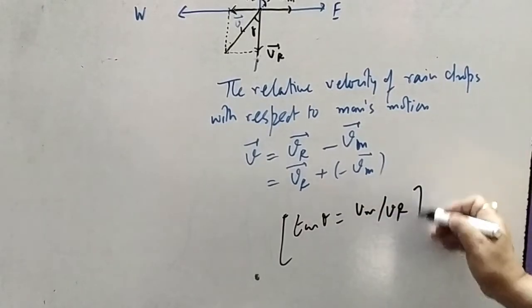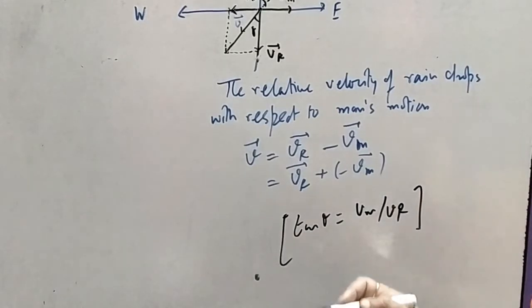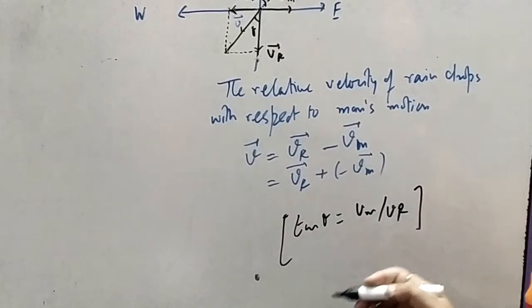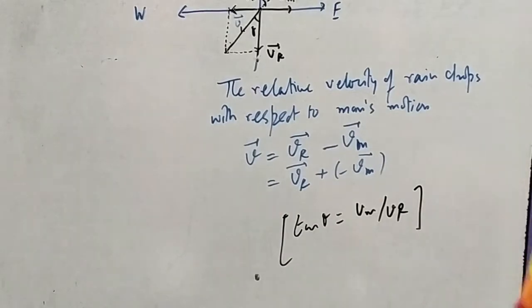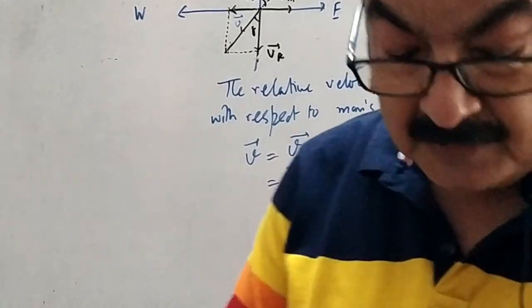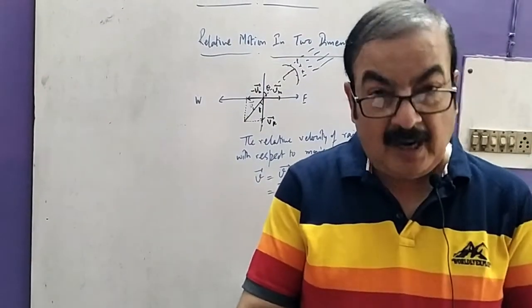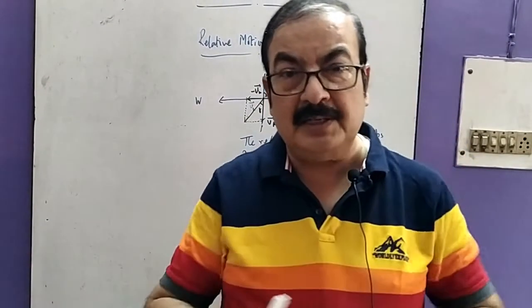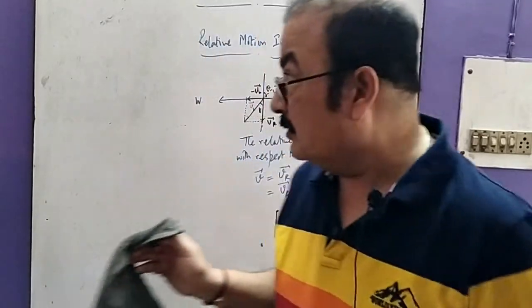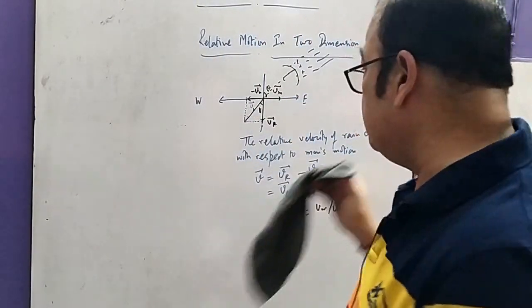By putting my umbrella at the angle tan inverse of Vm upon Vr, I can protect myself from the rain. So this was the relative motion in two dimensions. Okay, and after having the initial stage of two-dimensional motion, let us move to the main topic of today, that is projectile motion.